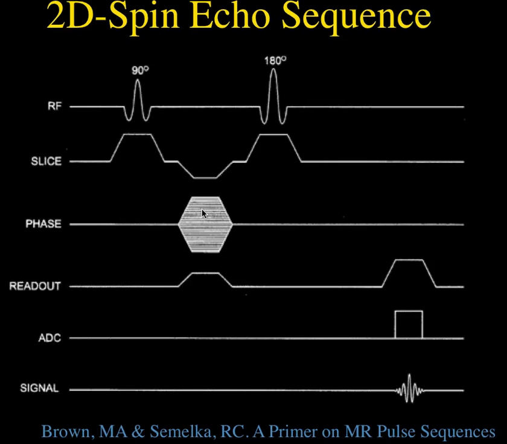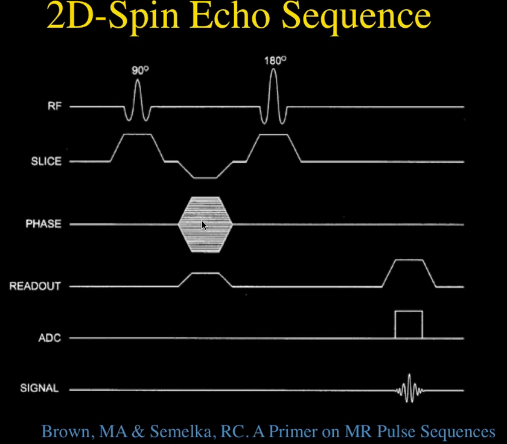It turns out, in order to do a 256 by 256 matrix, you have to do 256 different phase encodings that have to be all unique. And you can only do one phase encoding per sequence. Therefore, Yuri, how many sequences would we have to do?